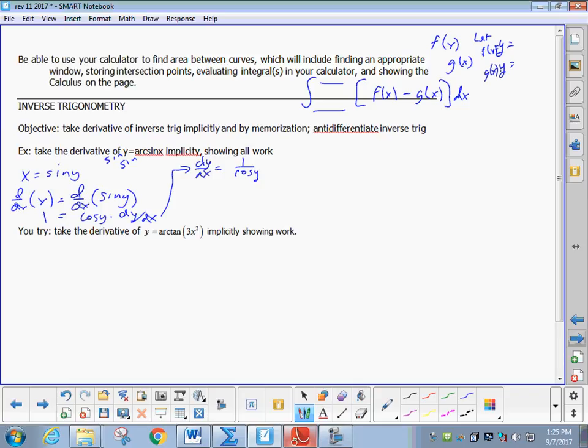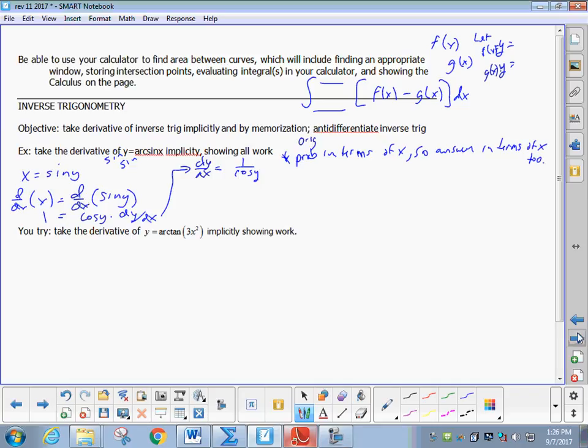And people are tempted to say, there we go. And I understand that feels done. It's pretty simple. But here's the problem. The original problem was in terms of x, so your answer should be in terms of x also.